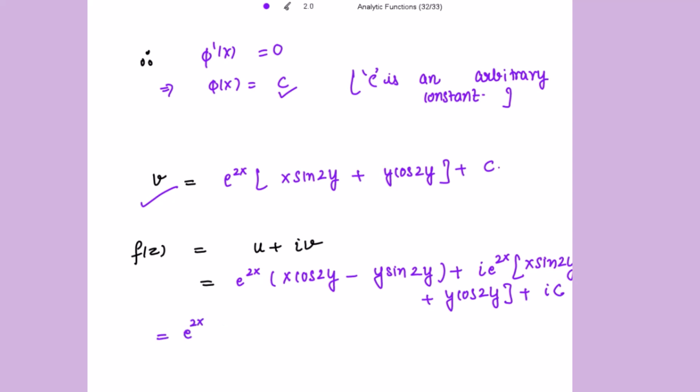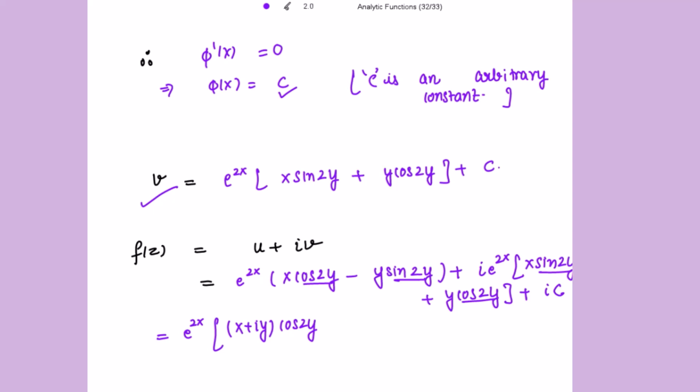So now taking e^(2x) common. So e^(2x), and from here I'm having cos 2y, here also I'm having cos 2y. So taking cos 2y also common in the first term, I get from here x, and from here I get iy, right? So this is (x + iy) with common cos 2y. From here I get negative sin 2y, and sin 2y I'm having here. So can I write this negative as i squared?